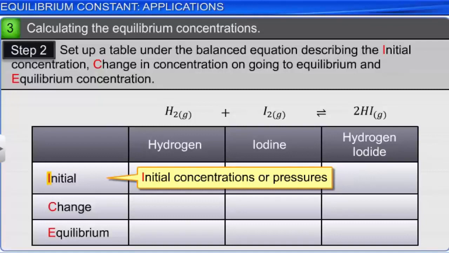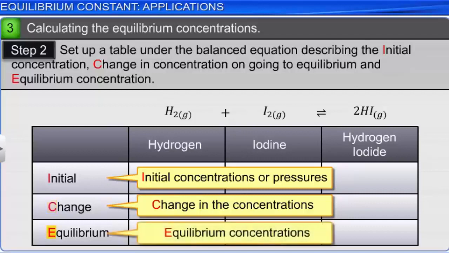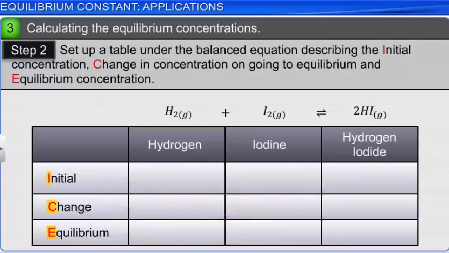C represents the change in the concentrations or pressures for each species as the system moves towards equilibrium. E represents the equilibrium concentrations or pressures of each species when the system is in a state of equilibrium. In constructing the table, use X to show the change in concentrations of the species. Use the stoichiometry of the reaction to determine the concentrations of the other substances in terms of X.